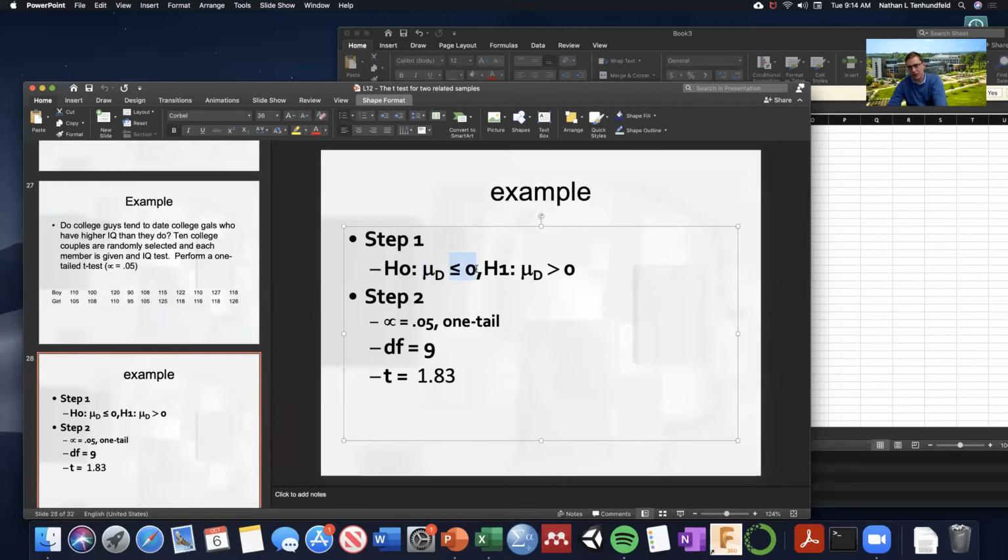The research hypothesis is that the mean difference is going to be greater than 0, such that the girls in the relationship will be significantly smarter than the guys in that relationship. And so we're testing at the 0.05 level. Again, that's our alpha of 0.05.